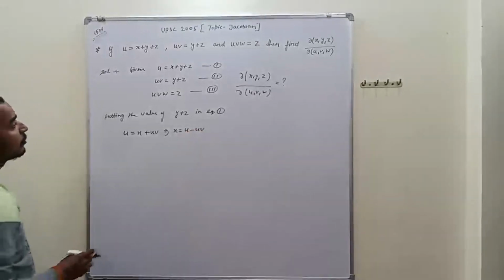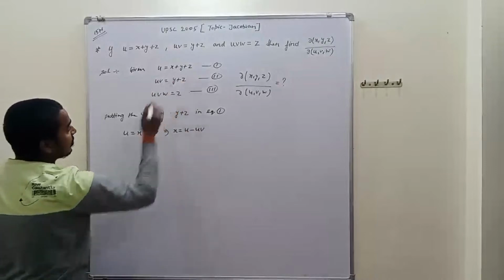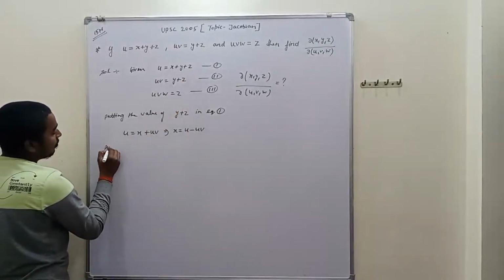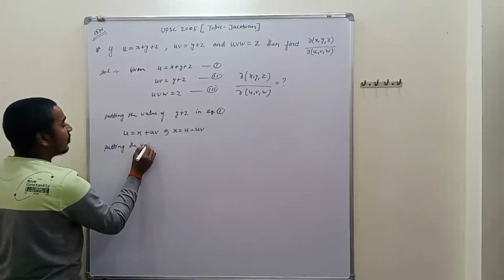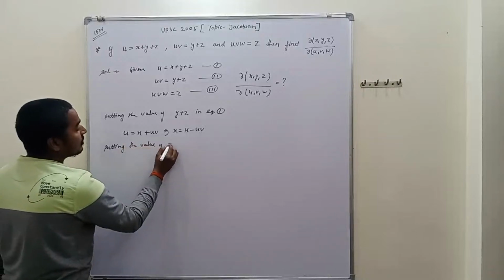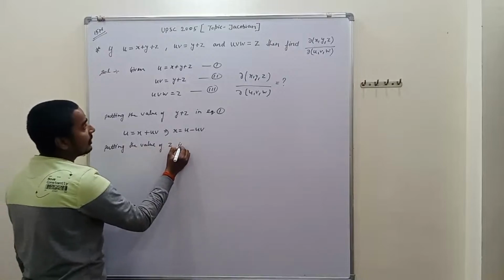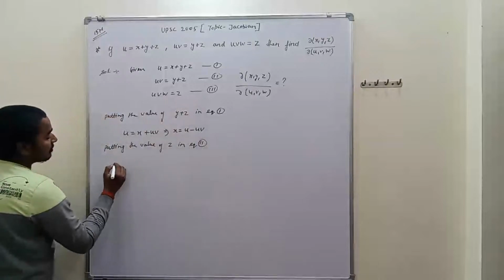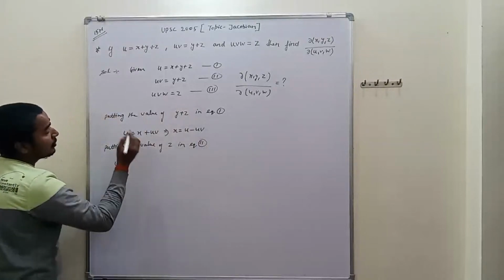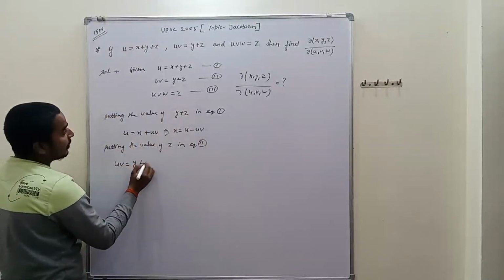Further we have to put the value of z in equation 2. Putting the value of z in equation 2, that is, equation 2 becomes uv is equal to y plus z.